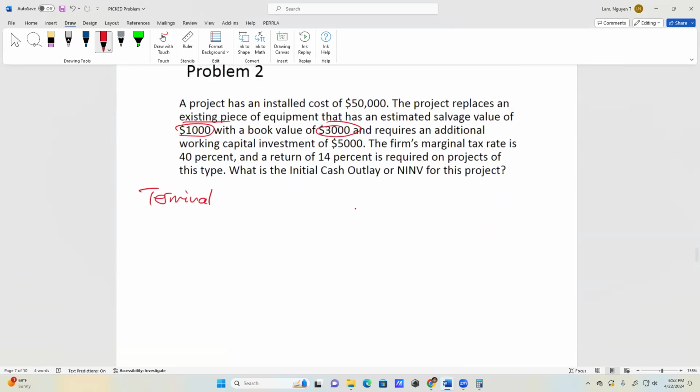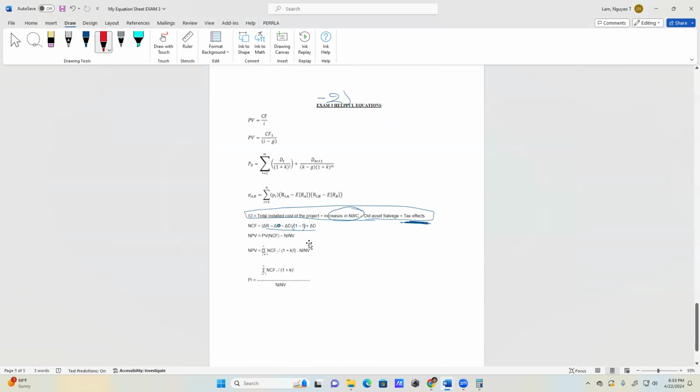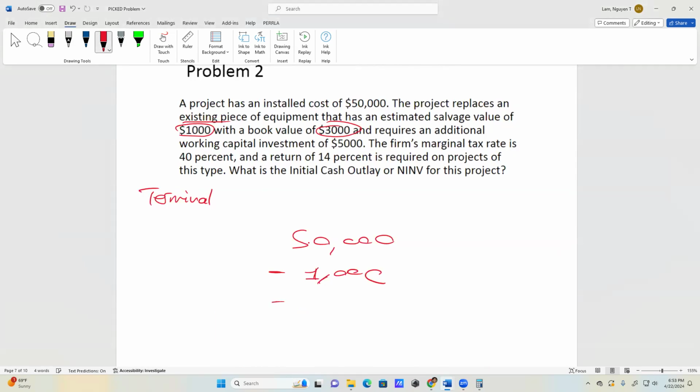But you guys can see that this one is 50,000 plus the salvage value of the old asset, which is 1,000, minus, my apologies. This one right here should be minus the salvage value of the old asset, because referring back to this equation, it is a minus. Minus old asset salvage, and then a plus of a tax effect, which is that minus book value.